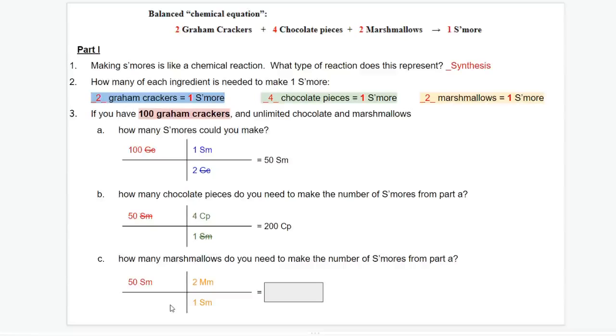So that gives me 100 s'more marshmallows. Then I have 100 s'more marshmallows divided by 1 s'more. So my s'mores cancel out. And I am left with 100 marshmallows and a very deep craving for some s'mores.